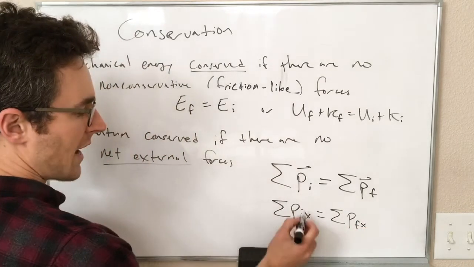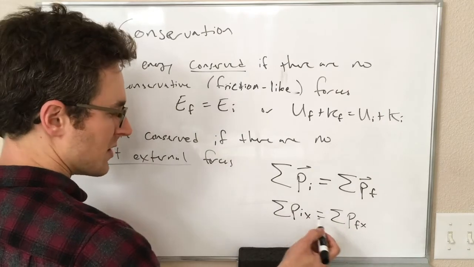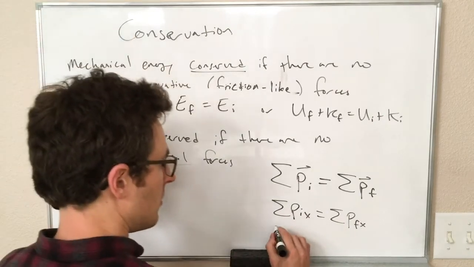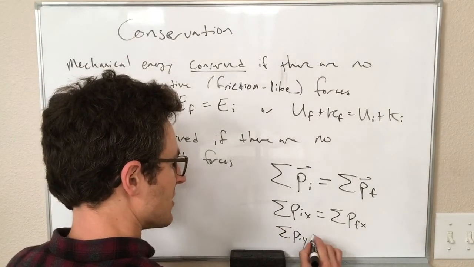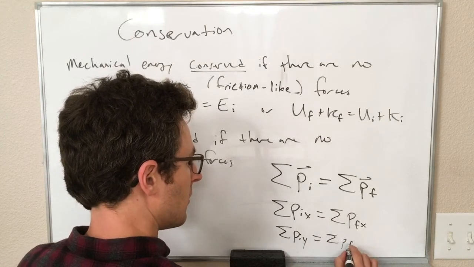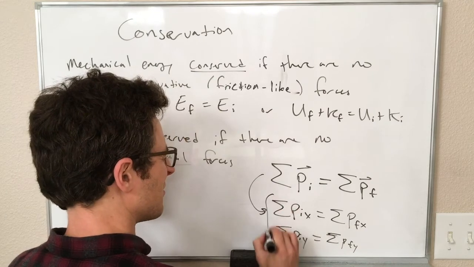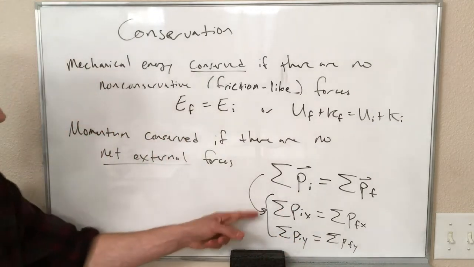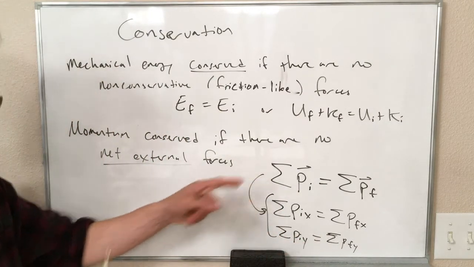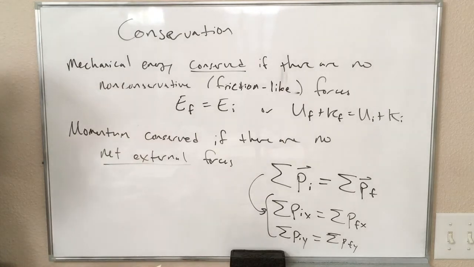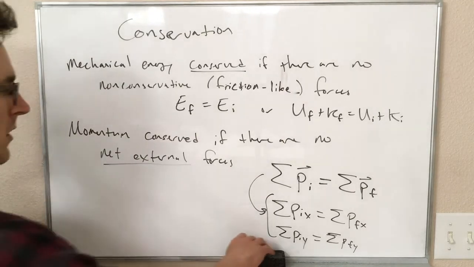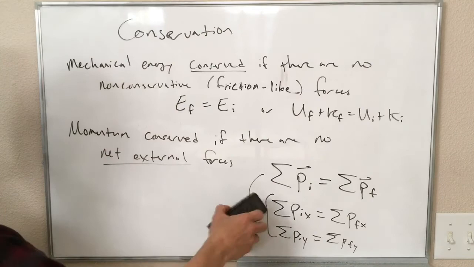So the total initial x momentum has to equal the final x momentum, and the initial total y momentum has to equal the final total y momentum. So that's our two equations that we get out of our one vector equation.